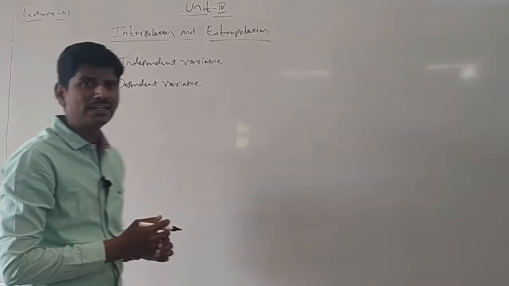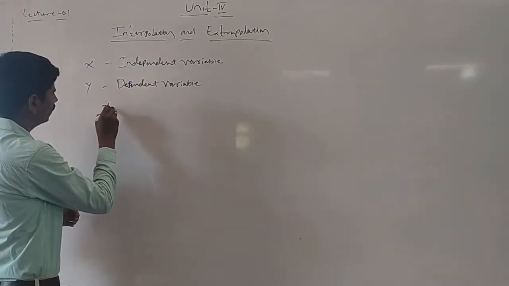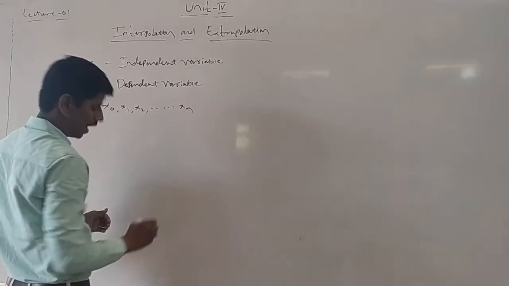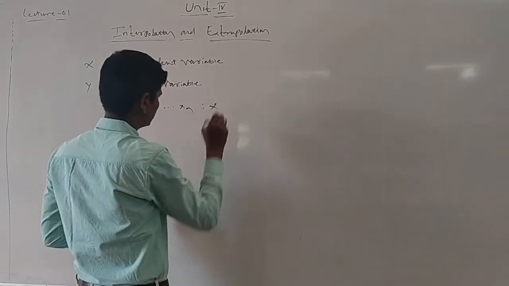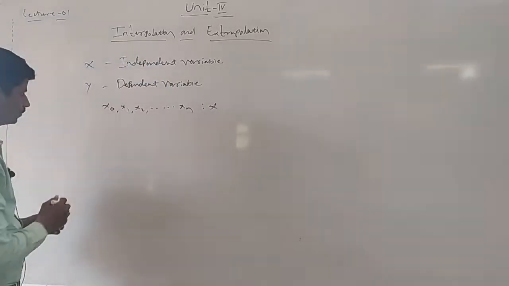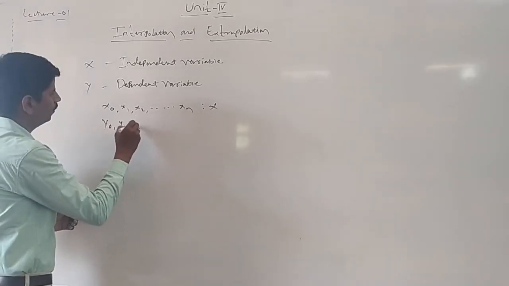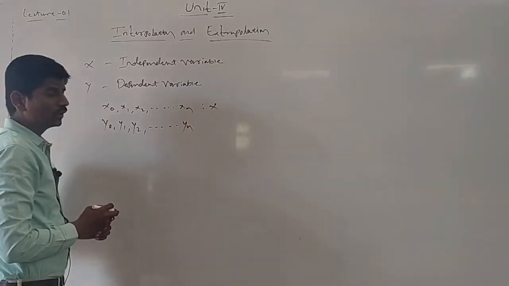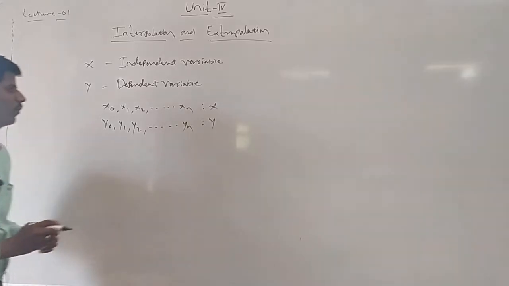Let us consider x0, x1, x2 up to so on xn. These are the values of x, whereas y0, y1, y2 up to so on yn are the corresponding values of y.